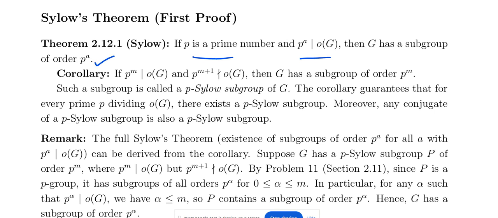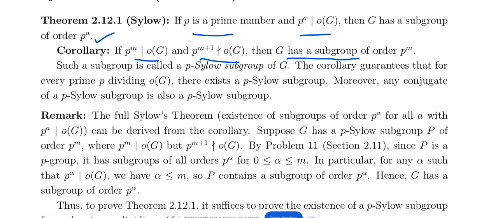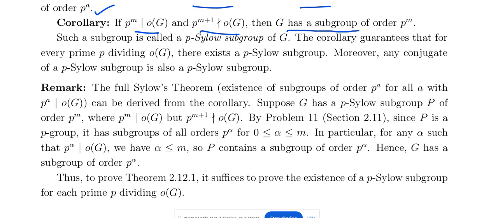Under the corollary, suppose P power m divides the order of G and P power m plus 1 doesn't divide the order of G. Then G has a subgroup of order P power m. That subgroup is called the P Sylow subgroup.